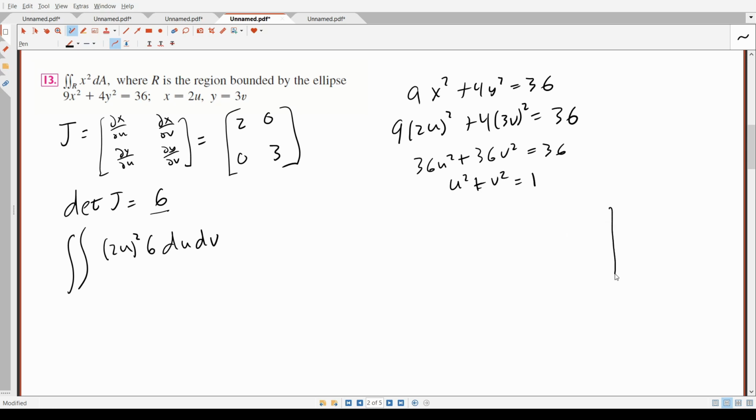So this took an elliptic region, something that wouldn't have been that fun to integrate over, and converted it into a nice circle with radius 1. So now we're integrating over a radius of 1.